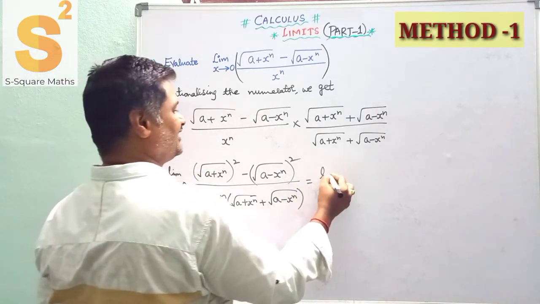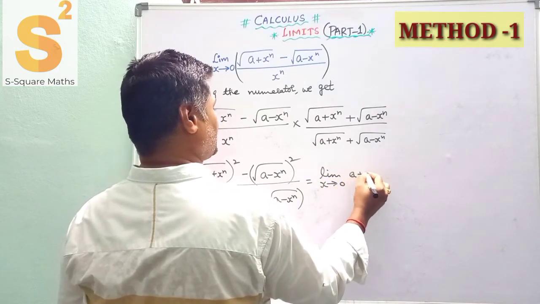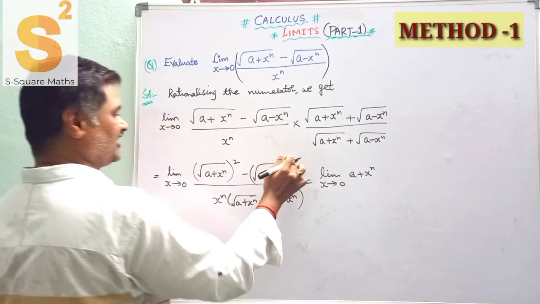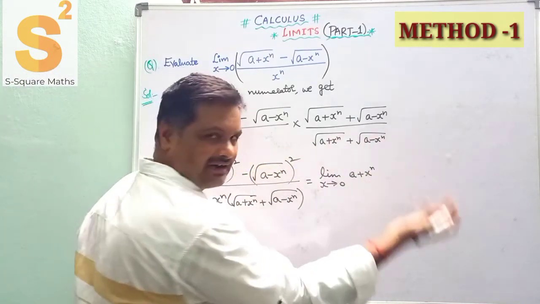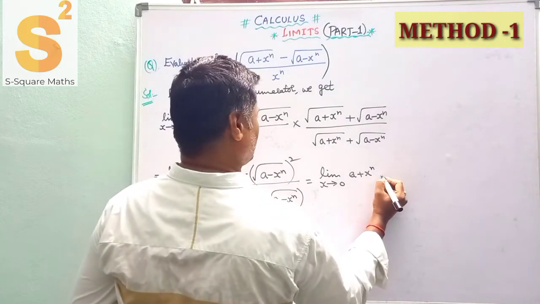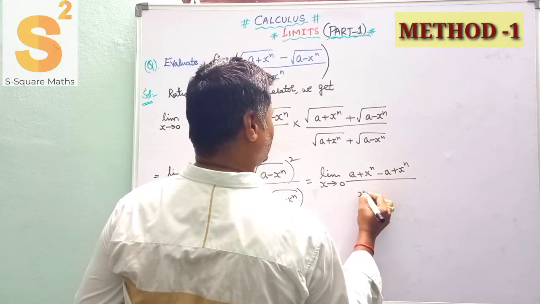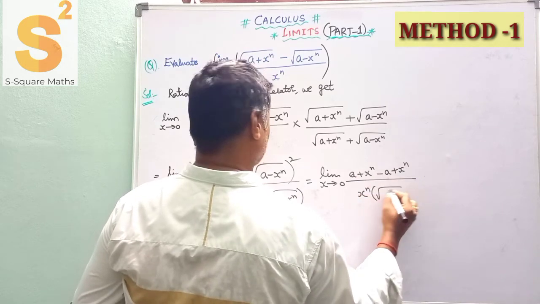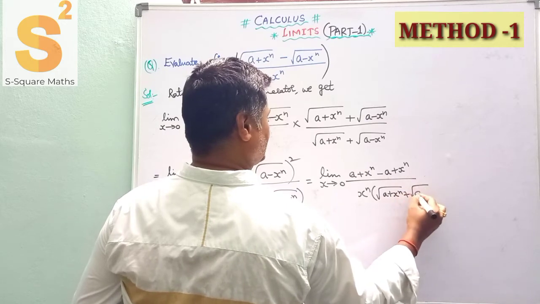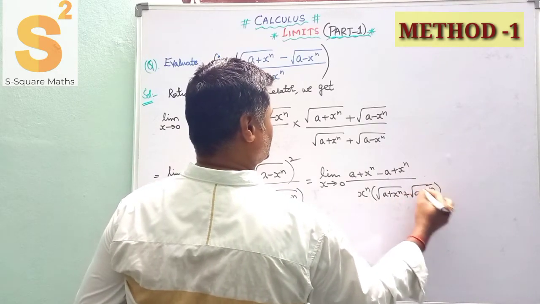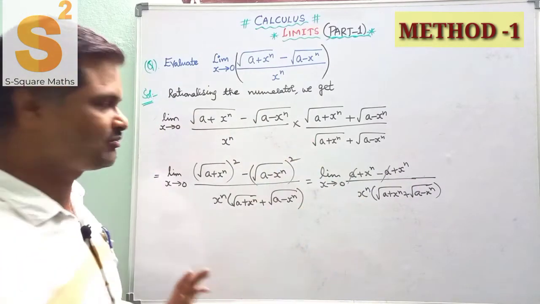Now I can write limit x tends to 0, (a plus x power n), after square and root get cancelled, multiply with minus, before the bracket you have a minus sign. So I am writing directly: minus (a plus x power n)... by x power n into root of (a plus x power n) plus root of (a minus x power n). Here I am writing a plus x power n minus a plus x power n, so a minus a is 0, x power n plus x power n is 2x power n.